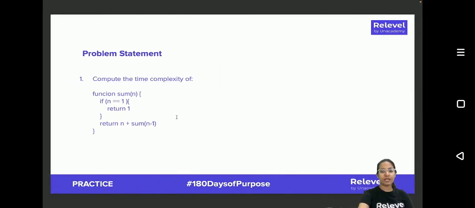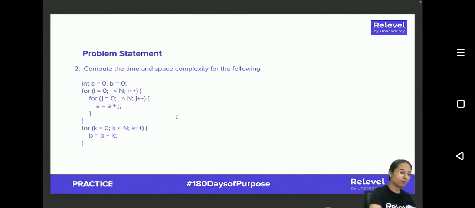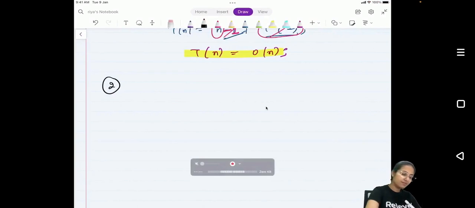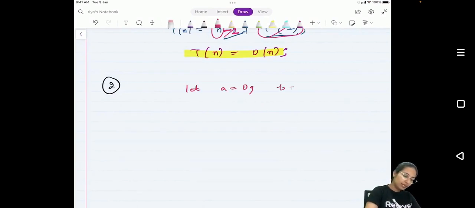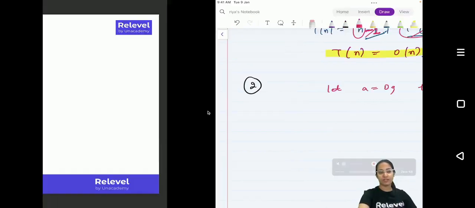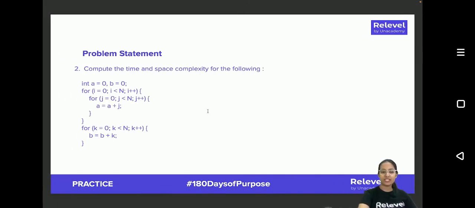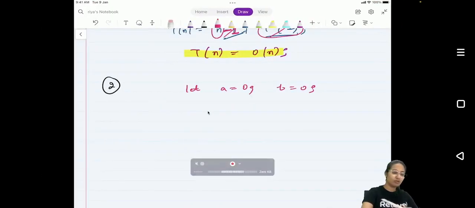Okay, now let's take a look at the second problem statement as well. In the second problem statement, you are given two variables, a equal to 0 and b equal to 0, and then there are two nested loops. So we have let a equal to 0 and b equal to 0. Then we have two nested loops inside it with two different variables acting on both the loops.